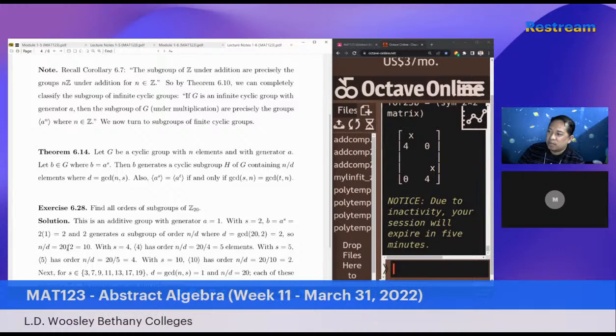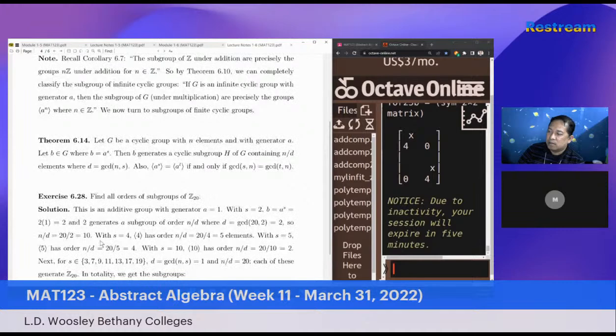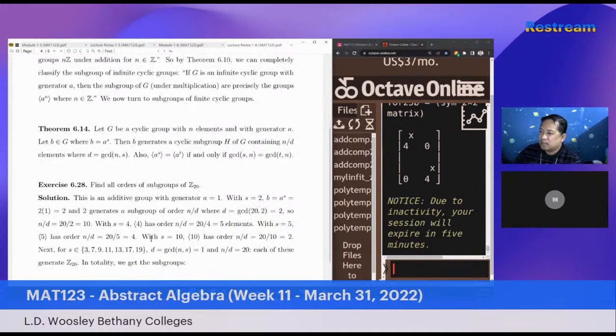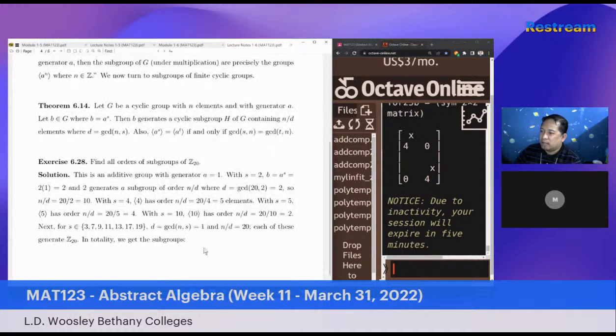So numerator over denominator is 10. With s equal to 4, it has an order 20 over 4, 5 elements. S equal to 5, 4 elements. S equal to 10, 2 elements. So those are the subgroups.